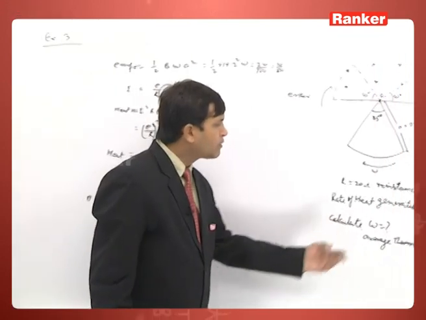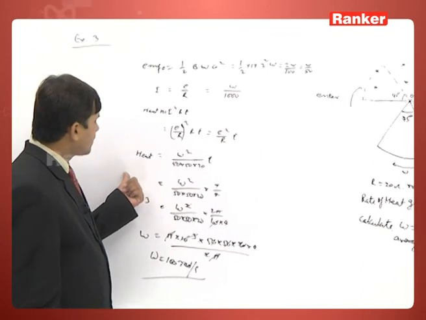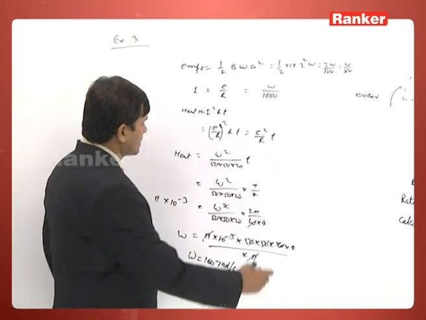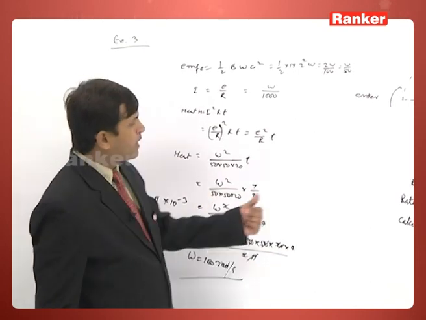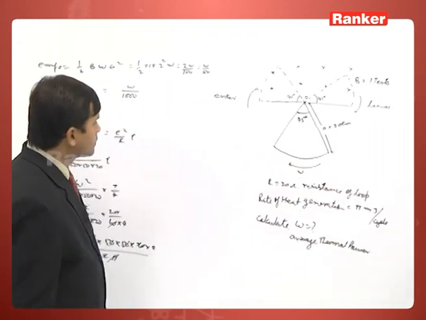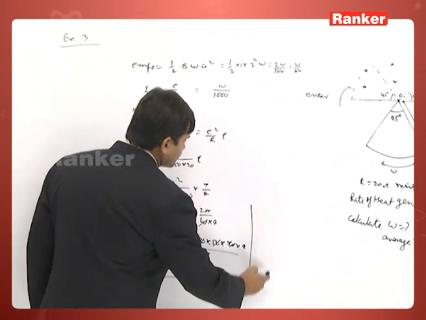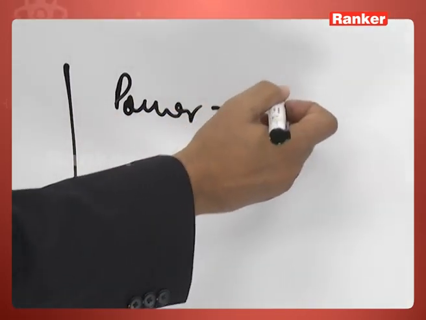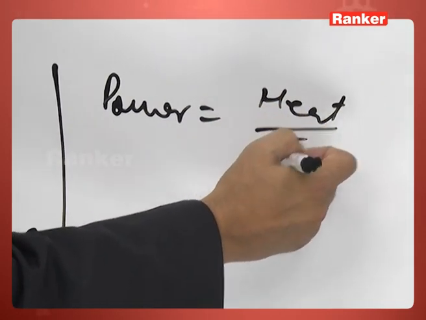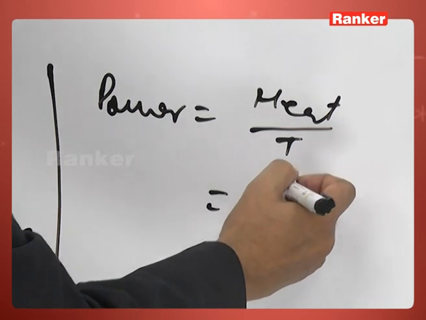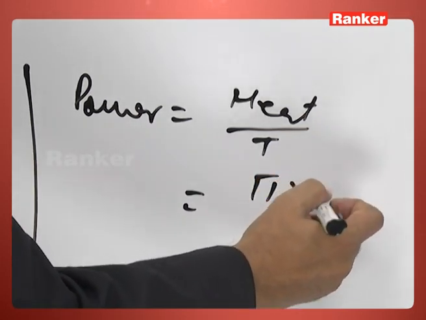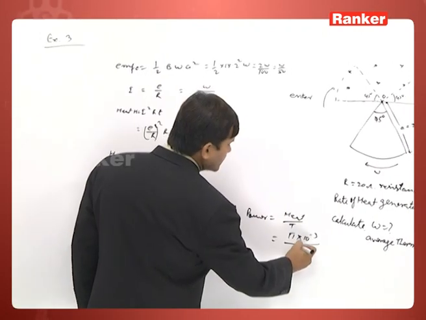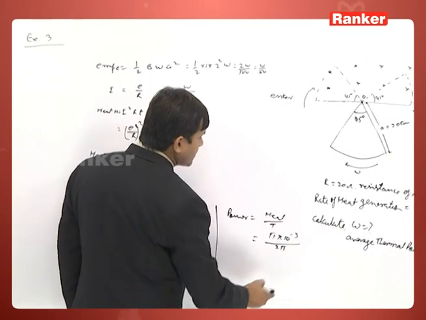And now the average thermal power. Average thermal power means the total heat we found in a cycle, which is pi millijoule. Thermal power is heat by time. The total heat we have already found is pi millijoule, 10 power minus 3, and the time of one cycle is 2 pi by omega.